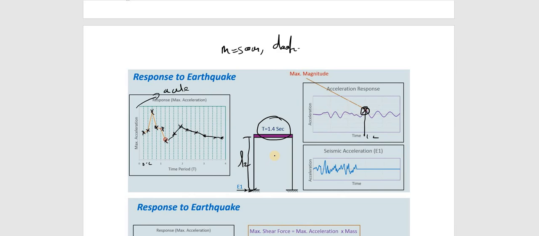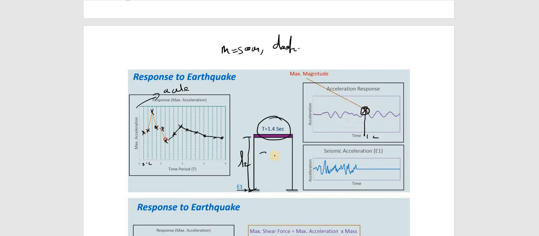If it is velocity, it is velocity response. So what is response spectrum? Response spectrum is the plot of maximum response, and it is of three types. It can be acceleration response spectrum, velocity response spectrum, and displacement response spectrum. So if it is acceleration response spectrum, it means it is a plot of maximum accelerations that has happened in a system.